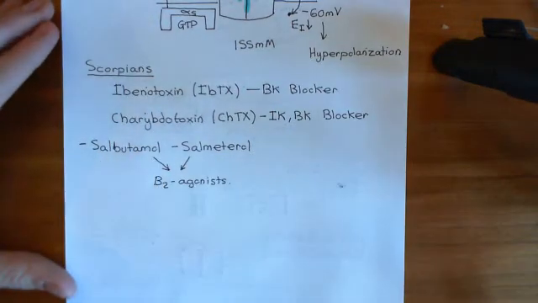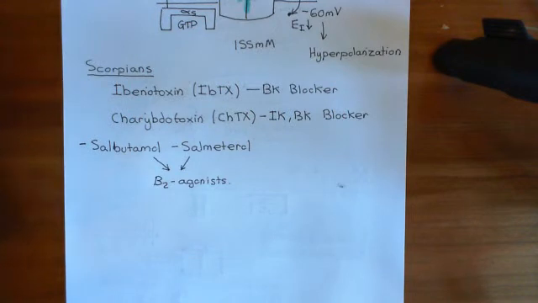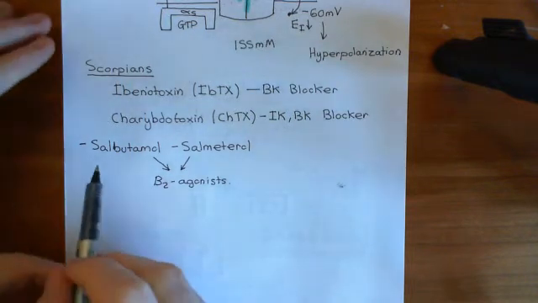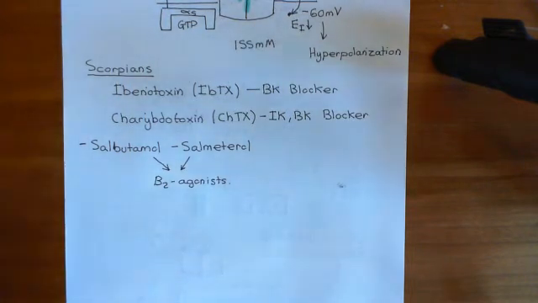But basically, if you're having an asthmatic attack, then what happens is the bronchial smooth muscle cells that surround your airways start to contract and your airways narrow, and this means that you struggle to breathe. So what you do is you inhale salbutamol. Okay, so it's within one of those inhalers.